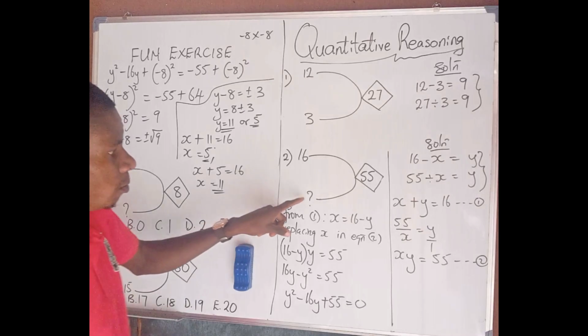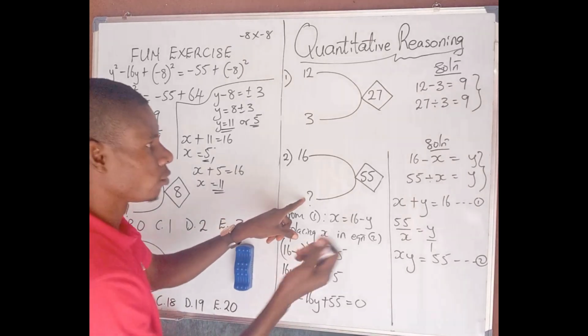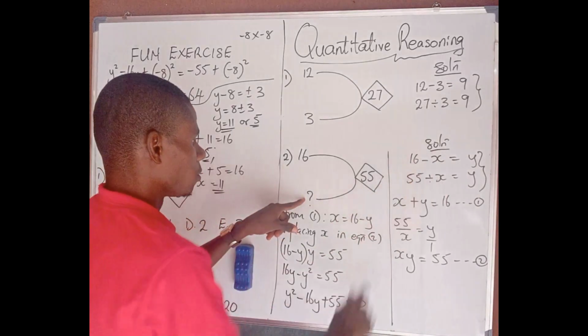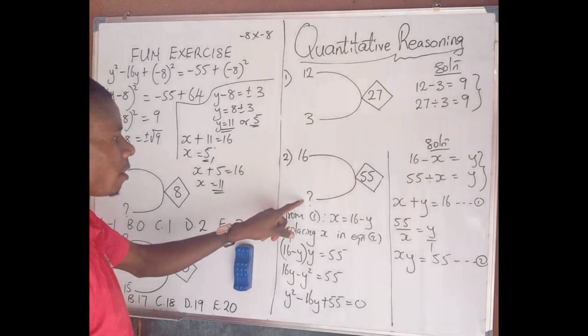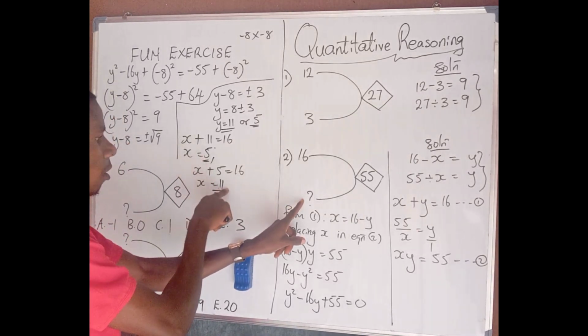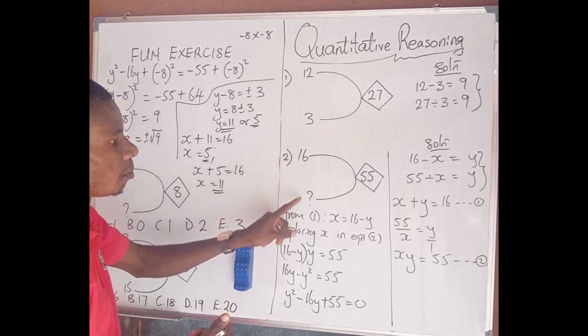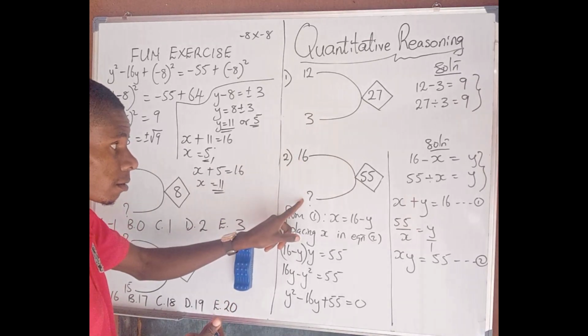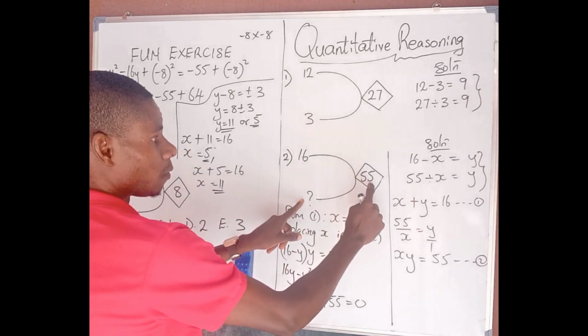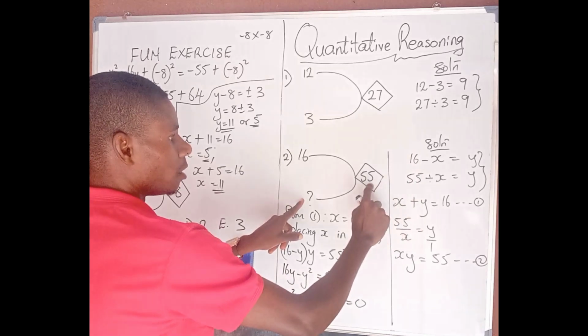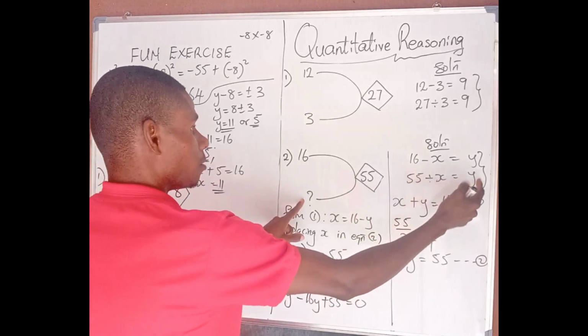Therefore, what should be here now? We assumed here to be x. So x can be either 5 or 11. Let's take it to be 5. 16 minus 5 will give us 11. And 55 divided by 5 will still give us 11.